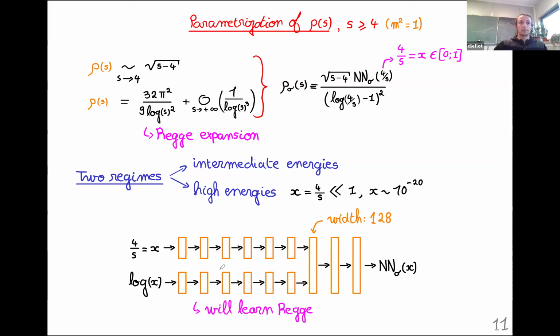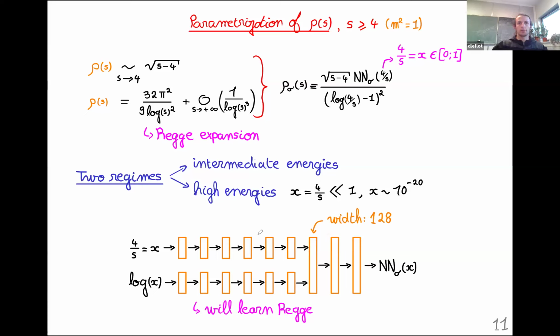So the idea is that this part of the neural network will be able to learn the Regge behavior, while this one will be able to learn the intermediate energy behavior. Then these two neural networks are mixed in 3 more sets of layers.